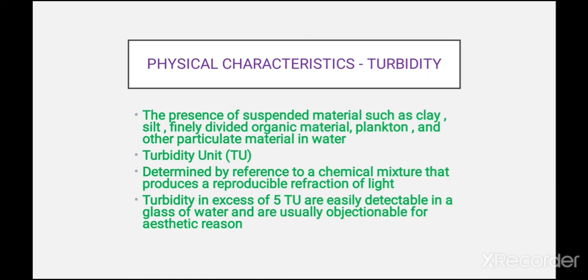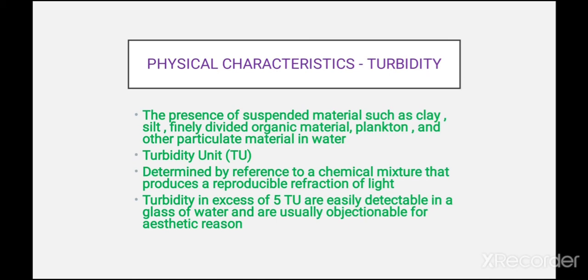If the water is turbid, the light beams will be scattered back, which will be detected by the instrument. The turbidity is expressed in a unit called the turbidity unit.